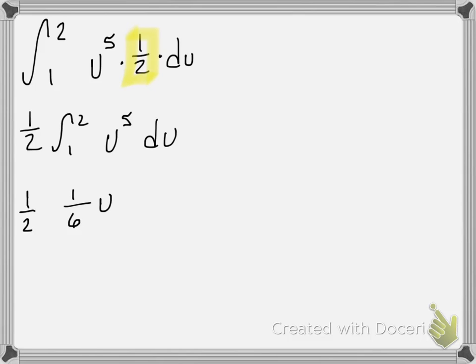So u to the 6th over 6. Our du goes away because we just took the antiderivative. And that is going to be from 1 to 2. And that's being multiplied, so we have 1 over 12 u to the 6th from 1 to 2.